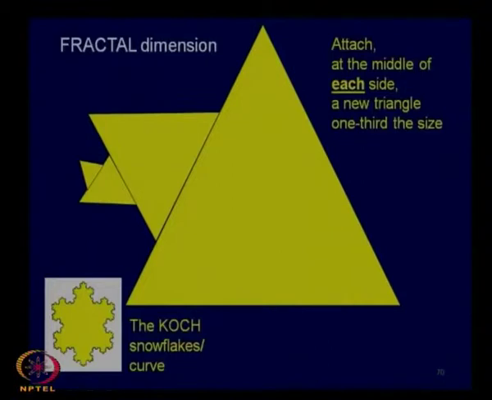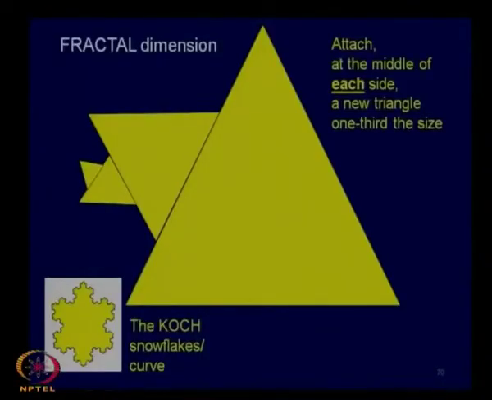And as Milind was pointing out to us during the discussion, there are crystal growths which take place following a self similar pattern, and there are a large number of natural phenomena in which you see this self similarity.